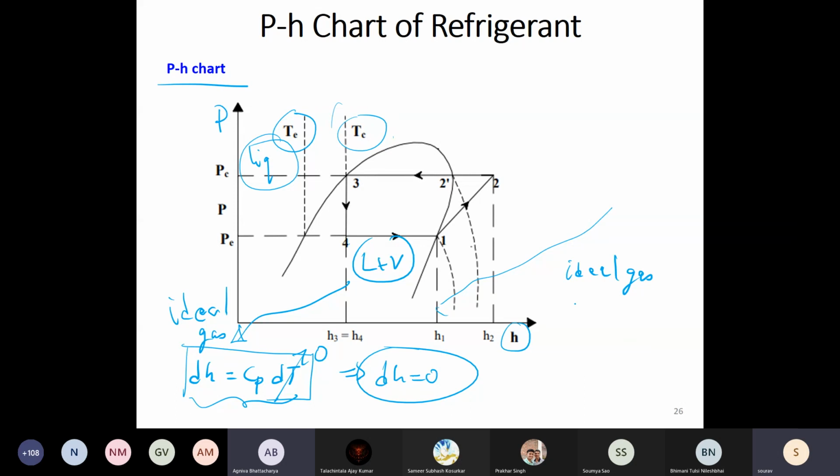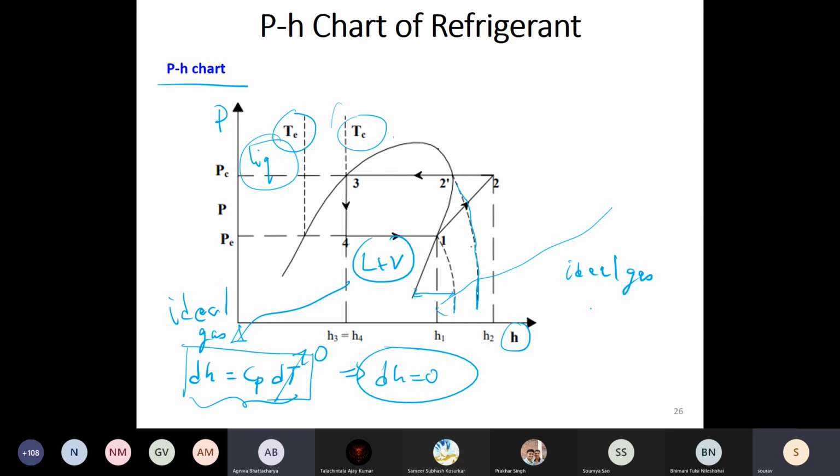Okay, and that's why you start seeing that this isotherm again starts to turn into a vertical line as we move further away from the dome. So as I move further and further away from the dome, my ideal gas assumptions start becoming more and more valid, and hence these lines again turn back into a vertical line.